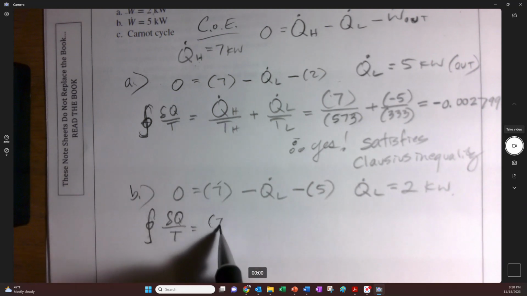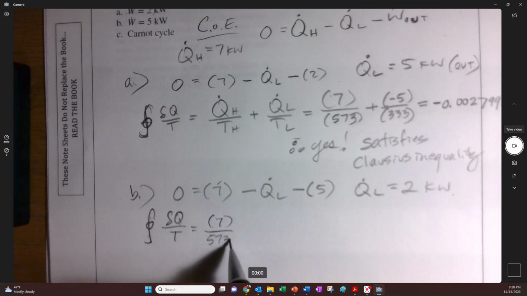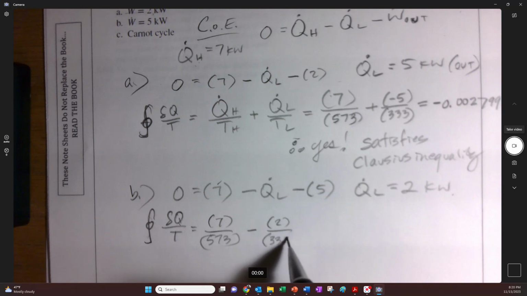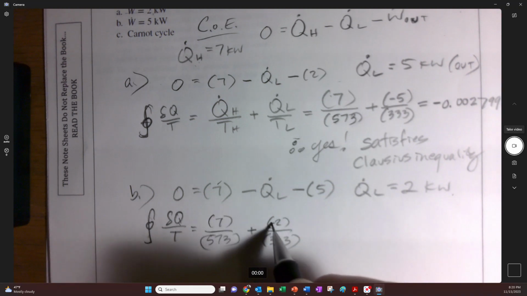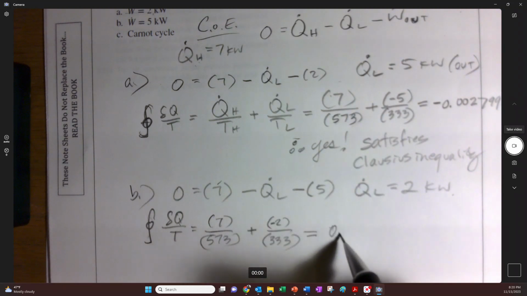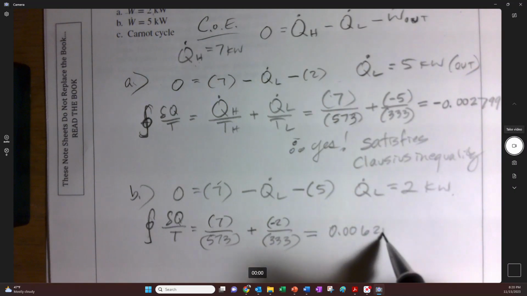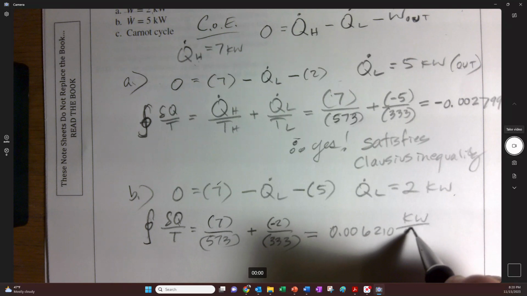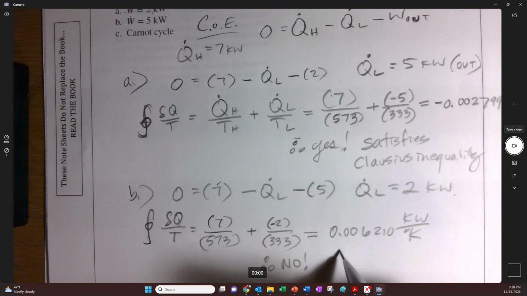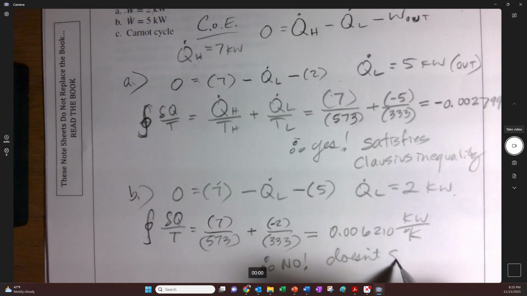It's going to be 7 over 573 minus 2 over 333, making that minus because it's out. And what you find is you get 0.00621 kilowatts per degree Kelvin, and therefore no, it doesn't satisfy.